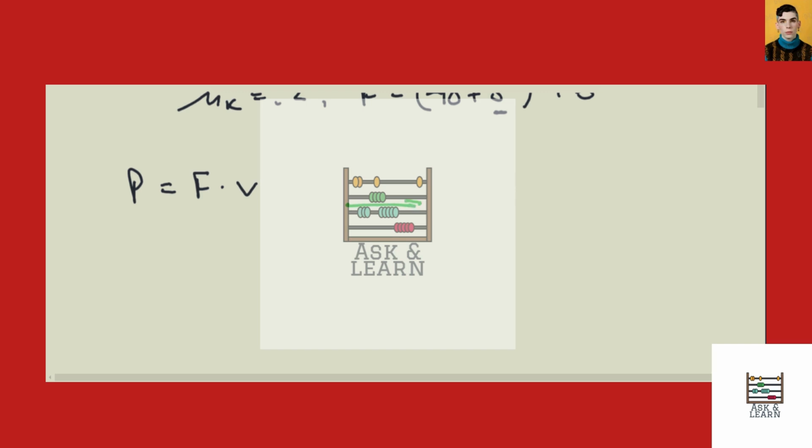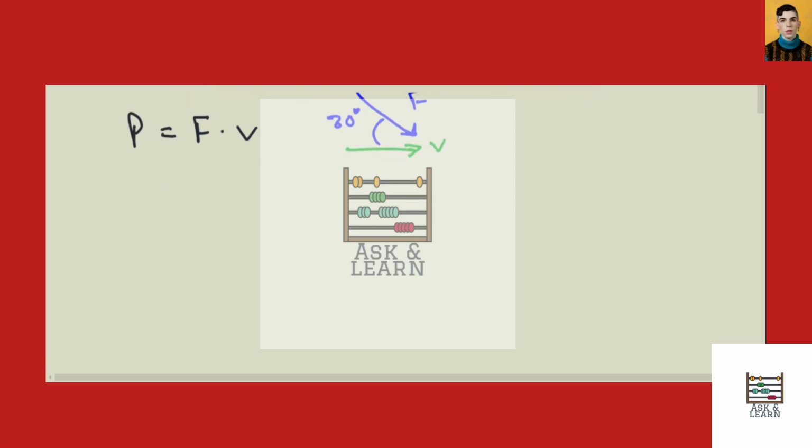And so you have velocity to the right, and we have that force at that angle, 30 degrees. So since power is actually a dot product, we can expand this to force times velocity times the angle between them, cosine theta, and of course theta is just 30 degrees.